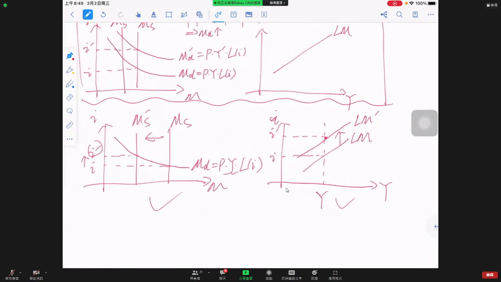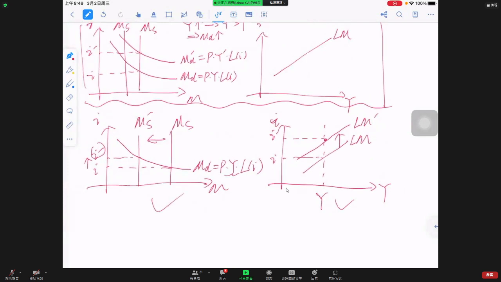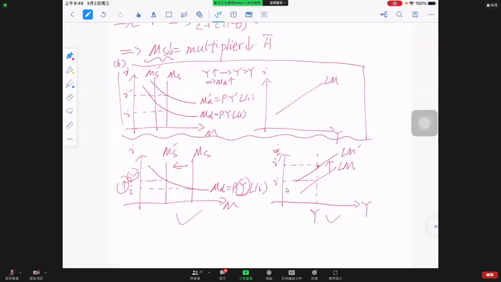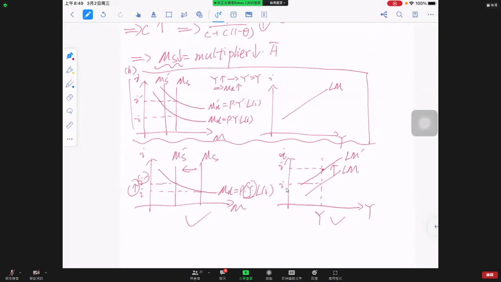So yes, with the decrease in money supply, there is an upward shift of the LM curve, because at any fixed level of Y, we will have a higher interest rate, okay? So you just draw these two diagrams, the financial market and this LM curve, and indicate the equilibrium interest rate and equilibrium output.